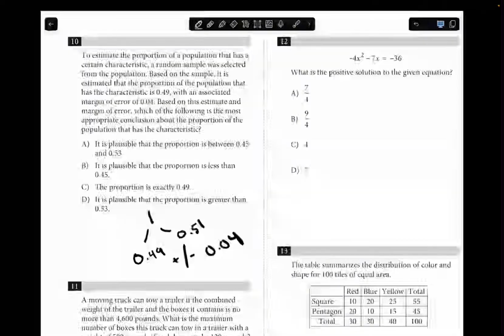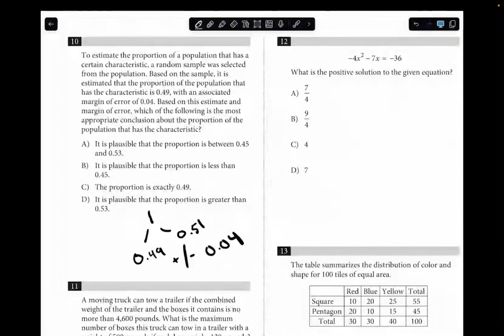It references that... this is tricky. I'm very tempted to say the plausible values are derived from this 0.49, so that would take me to 0.45 if my margin of error is 0.04, and then in the other direction, it takes me to 0.53, right?